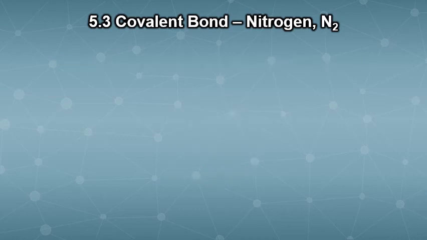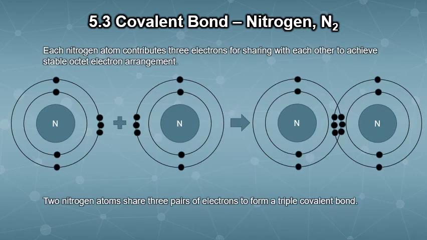Each nitrogen atom contributes 3 electrons for sharing with each other to achieve a stable octet electron arrangement. You can see there are 2 nitrogen atoms, each has 5 valence electrons, and both contribute 3 electrons for sharing.